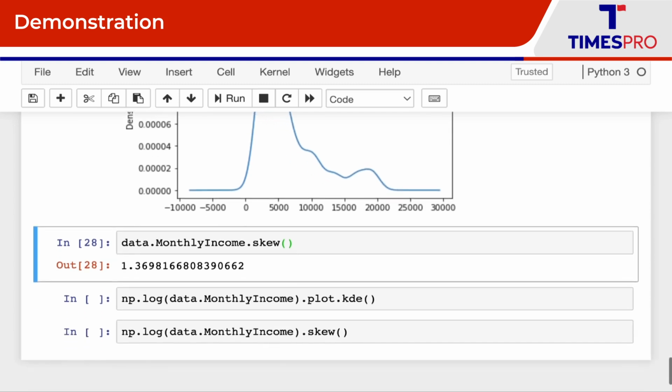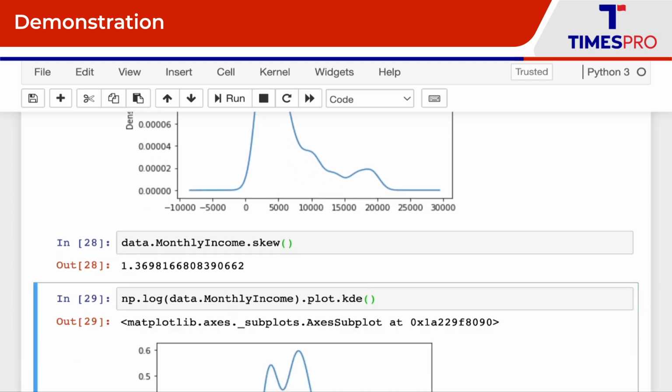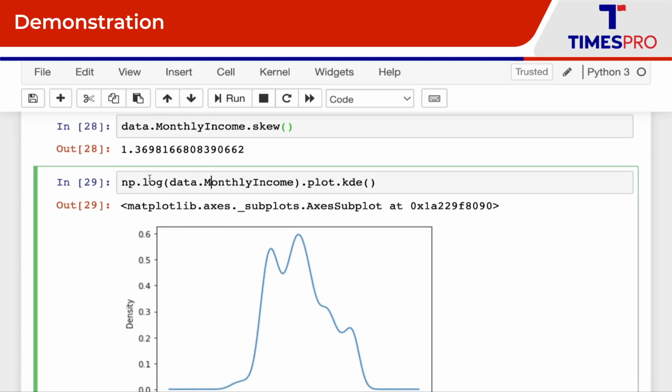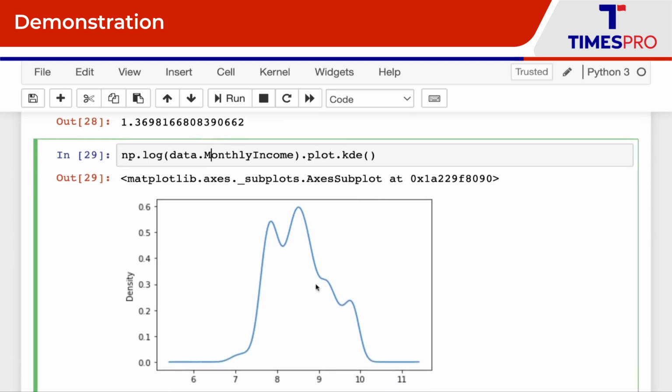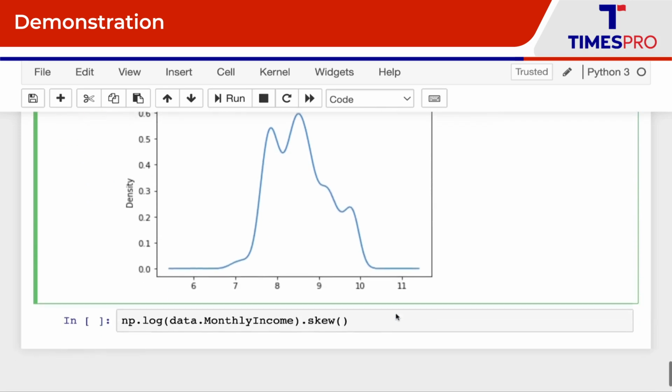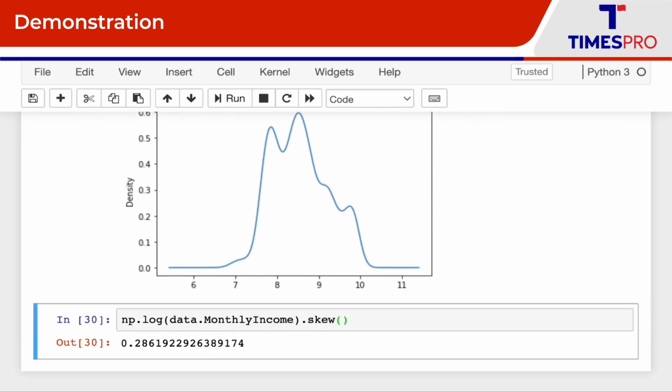For example, here I've taken a log transformation, converting all the values into log form using np.log, and then looking at the distribution. You can see the skewness has reduced a little bit and it is moving closer to a normal distribution compared to what we had before. Now if you calculate the skewness, you can see it has reduced to 0.28. So this is one technique to reduce the skewness.